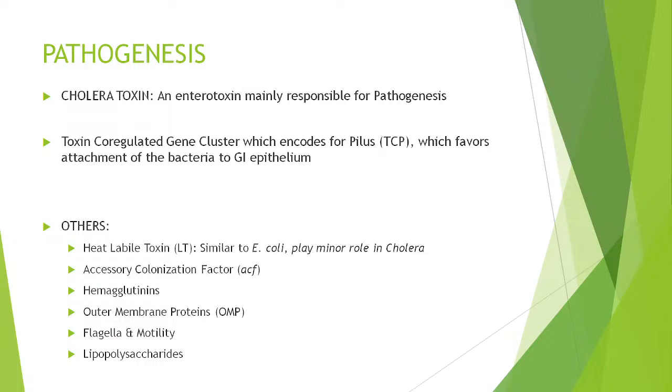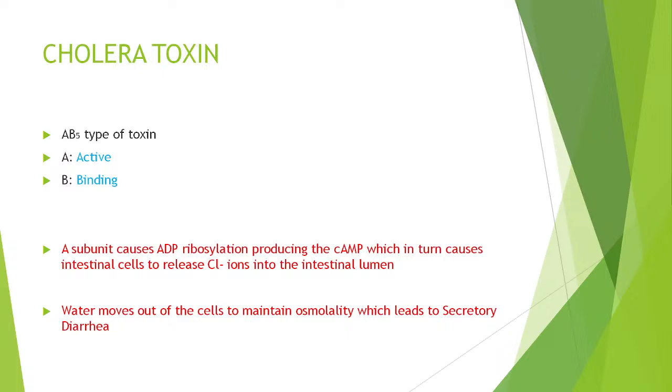Certain colonization factors, hemagglutinin, outer membrane protein, lipopolysaccharide. But what you have to remember is the cholera toxin. That is must know, and these are good to know. Excellent. Topper हो जाओगे अगर ये याद रह गए, कोई बात.